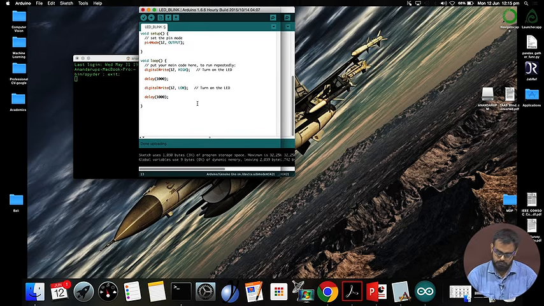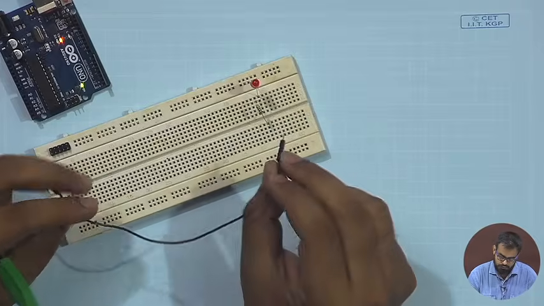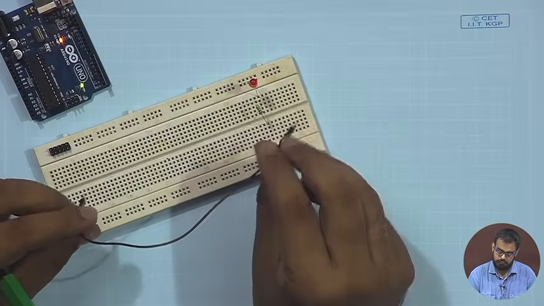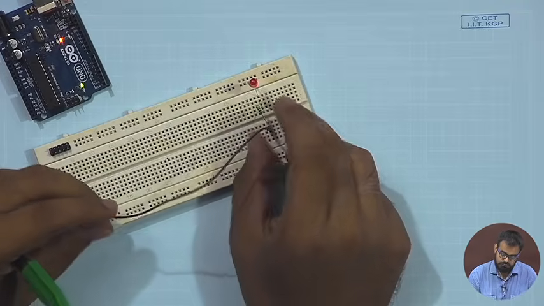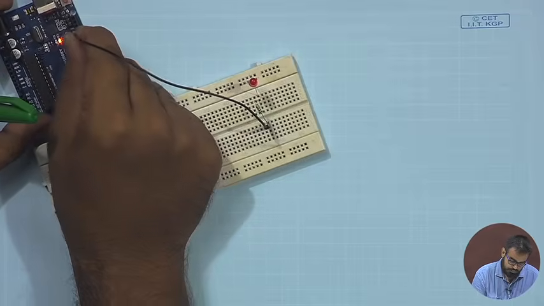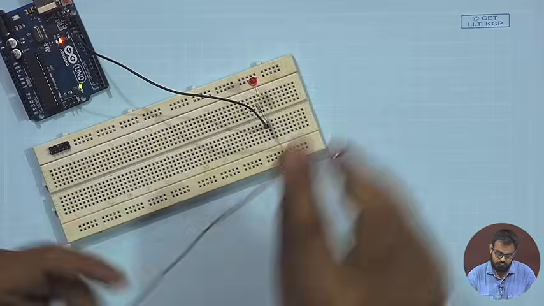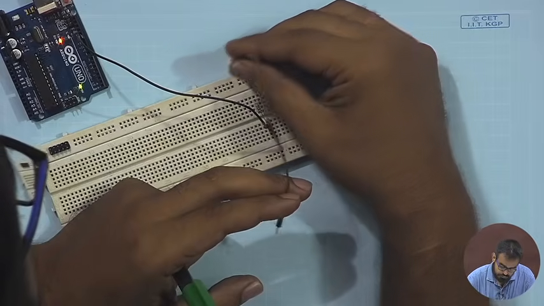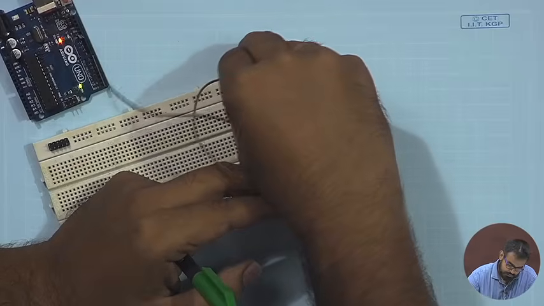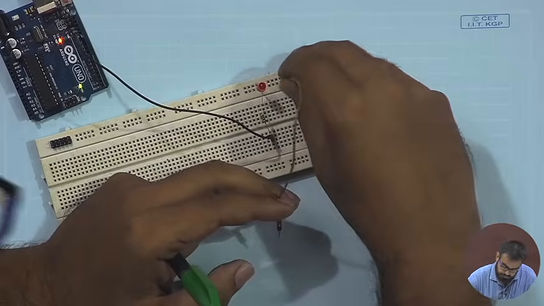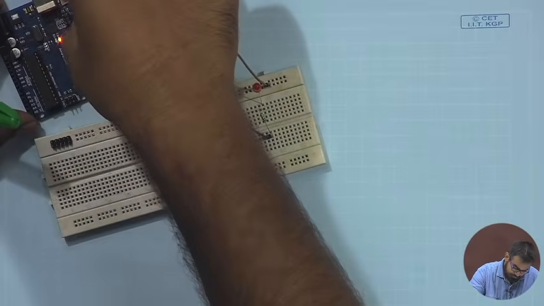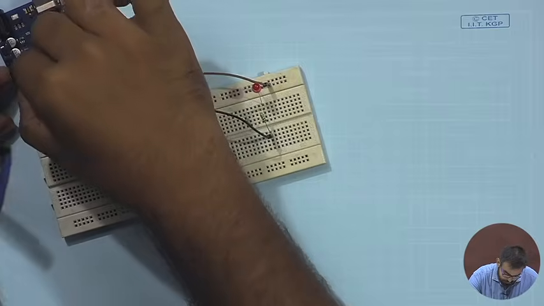Now if you come back to the processor board, we have connected the LED and the resistor on the breadboard. From one side of the breadboard we connect a jumper cable to pin 12 on the Arduino, and for the other, since this side was the negative side or the ground, we simply connect it to a ground pin.